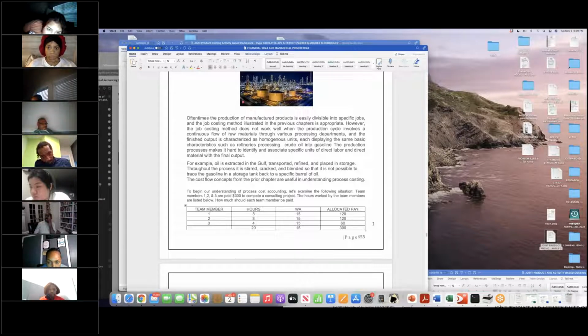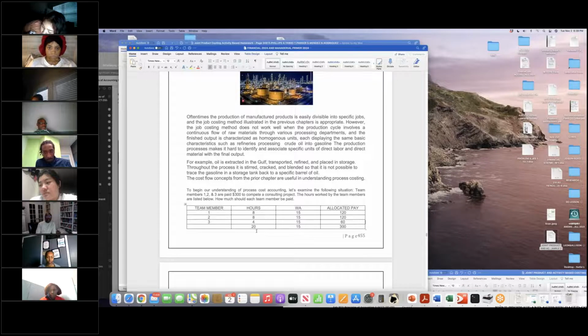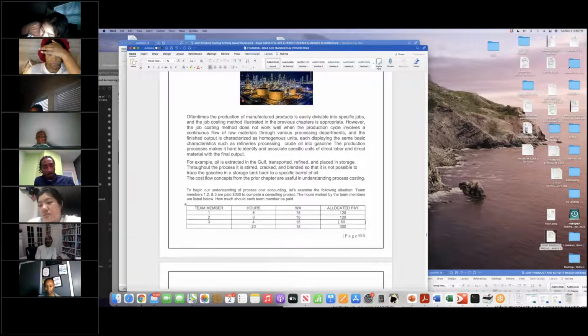And so we allocated the hours proportionately based on total hours of 20. We had 300 coming, so everybody gets $15 an hour. So we don't give them all the same thing. That's typically what would happen.